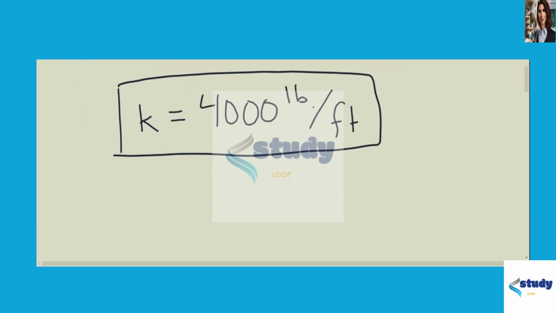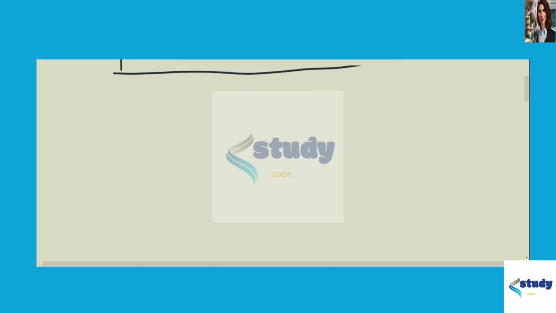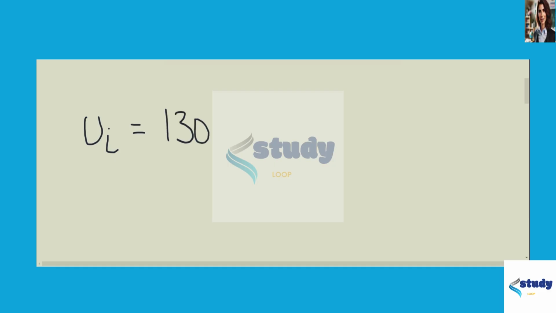All right. Now for this next part, we're going to have to consider their change in potential as well. So for part B, our initial is 130 feet times the weight, which is 186.